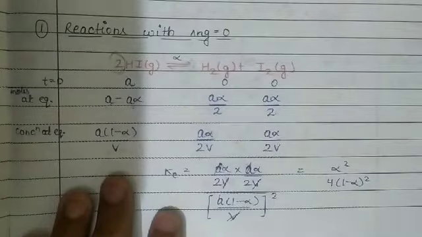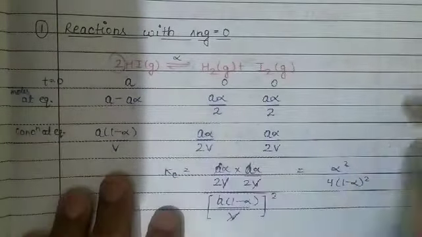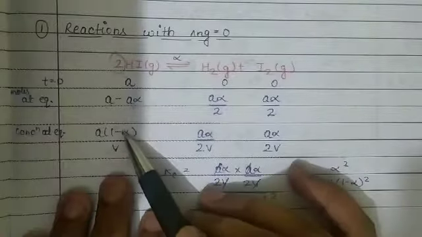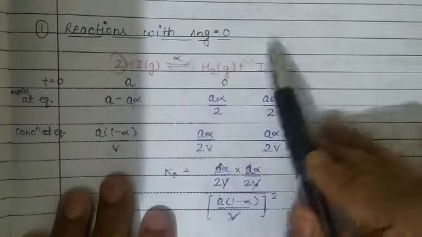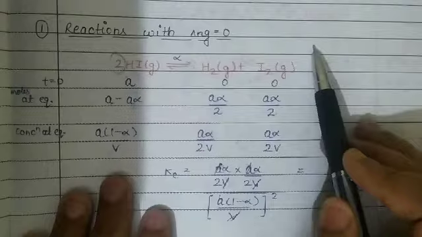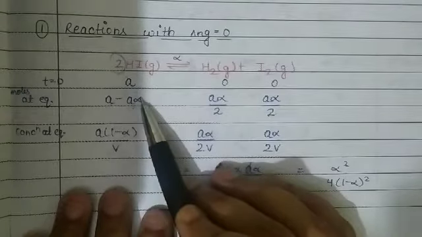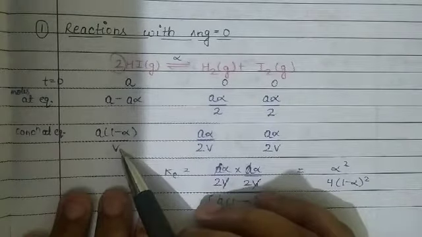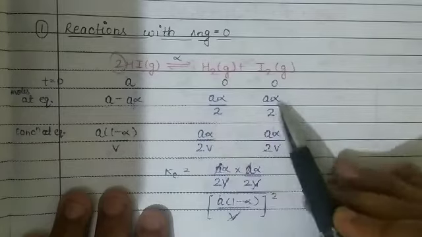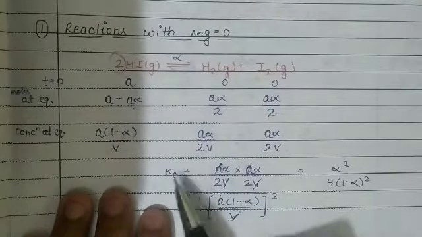Now we have the moles, so find the concentration. The concentration at equilibrium will be the number of moles divided by volume, as the reaction takes place in a container of volume V. Now we can find the value of Kc.